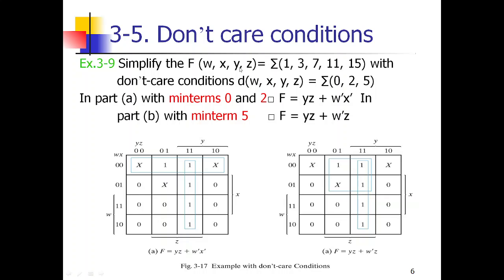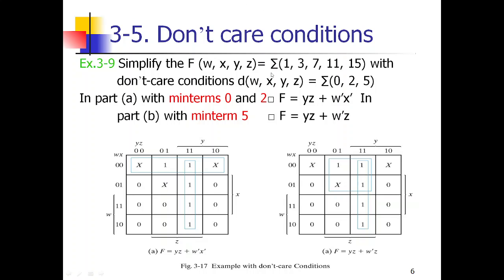Okay, here we will see an example. Simplify the Boolean function F of w x y z equal to summation of 1, 3, 7, 11, 15 with don't care conditions d of w x y z equal to summation of 0 to 5. So here 0 to 5 are the don't care conditions.